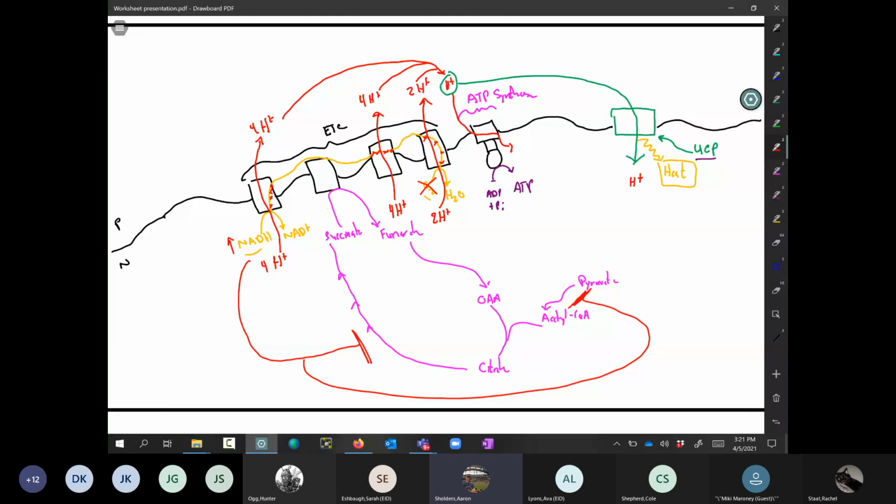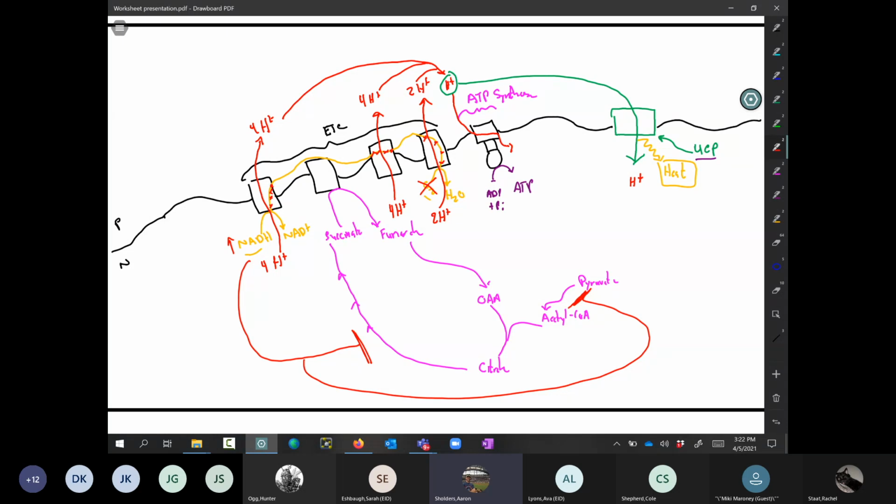Now, I won't draw it here because it becomes complicated, but what happens in the cytosol is that because pyruvate is not being converted to acetyl-CoA, it will be shunted, or converted, to lactate, and lactate will then be excreted from these cells.